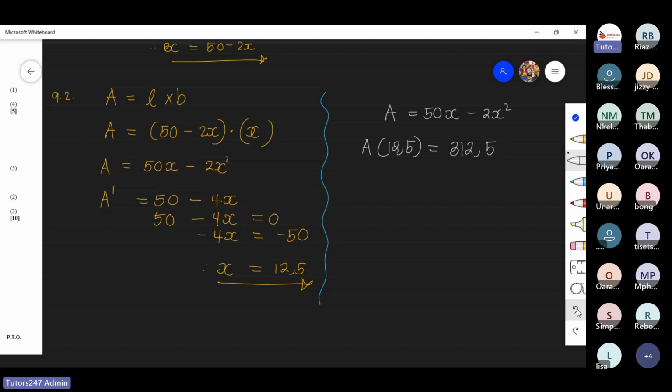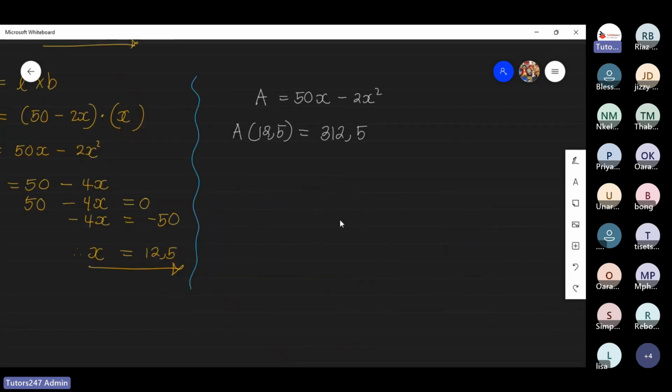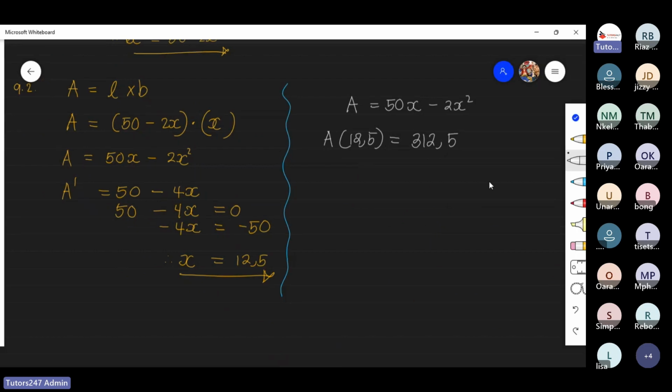We're not sure if it's in, actually, I think we are sure. We were given meters, right? Yeah, we are given meters. That means the maximum area is 312,5 meters squared. So if the question asked for maximum area, this would be your answer. Now, let us take a value that is lower than this and higher than this, so that we can see if it produces a bigger or smaller area.